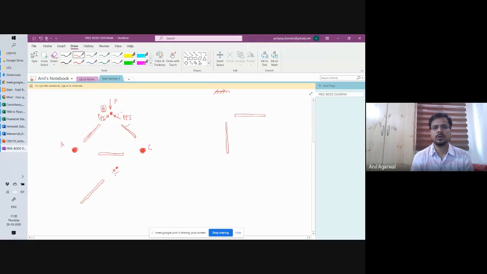Okay, this force we have already calculated. So now what will be the force at this end? Will it be this one or will it be this one? How much will it be? P by root 2. Okay, so this is one option, this is another option. Which option is correct, 1 or 2?